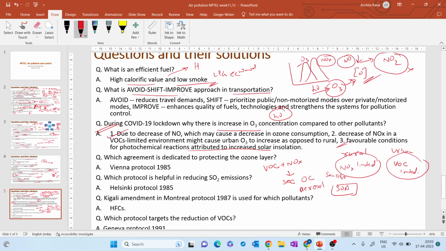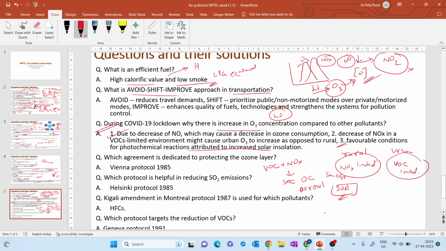Okay, the first thing is that in both remote or rural locations and in urban locations you can see the formation of SOA, or secondary pollutant, you can say. The problem is that in villages or rural locations the VOCs are at a very high concentration.